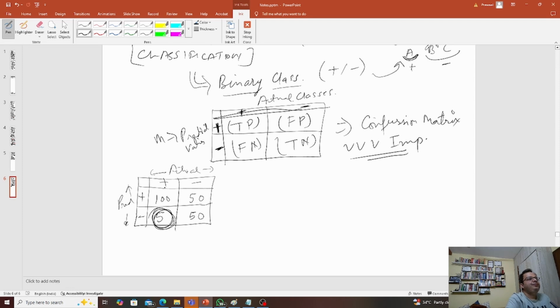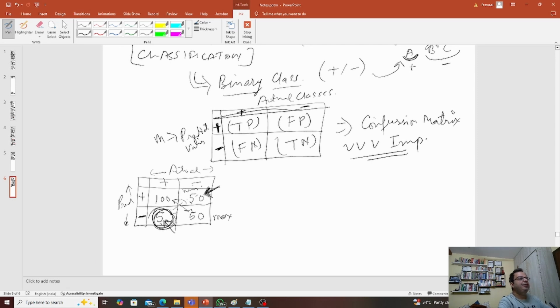Because if I claim anything as non-cancerous and it is actually cancerous, this can create a lot of problem. See, it is okay for me to mark somebody as cancerous; the person may or may not have cancer. It is a kind of a false positive, and there is an impact of false positive. Ideally, these two values need to be maximized and these two values need to be minimized.